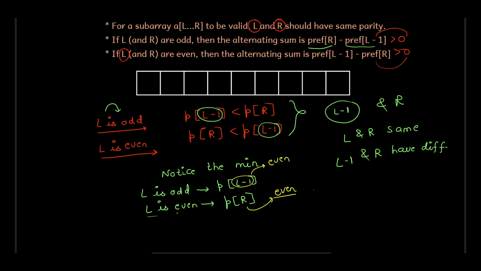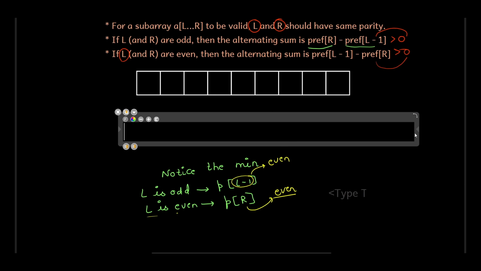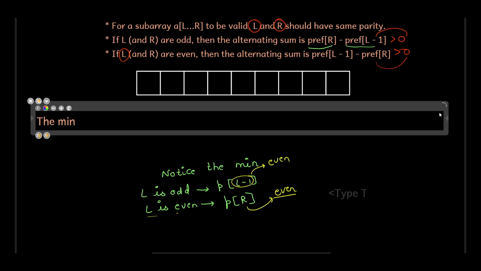So what can you conclude? This is a very big observation that you can make: the minimum value is always contributed by an even index.